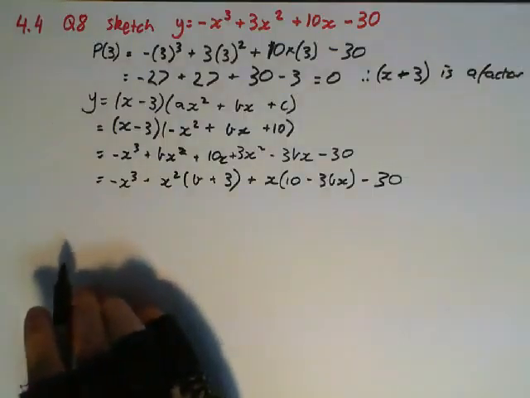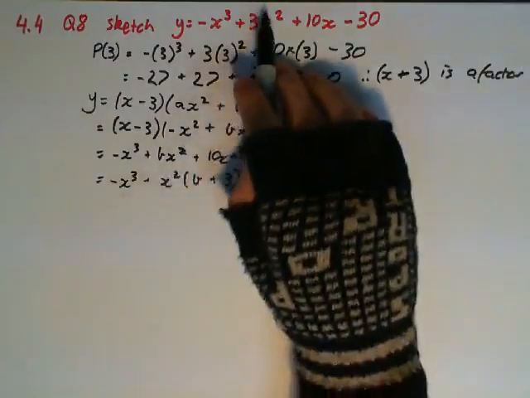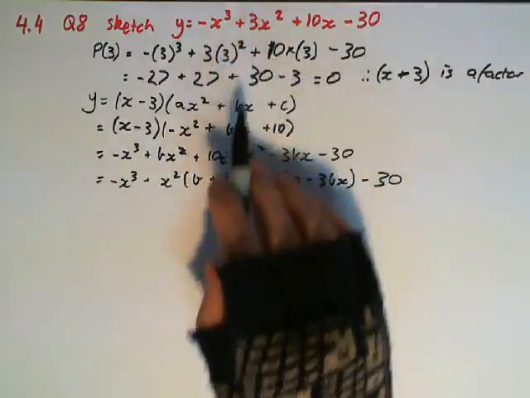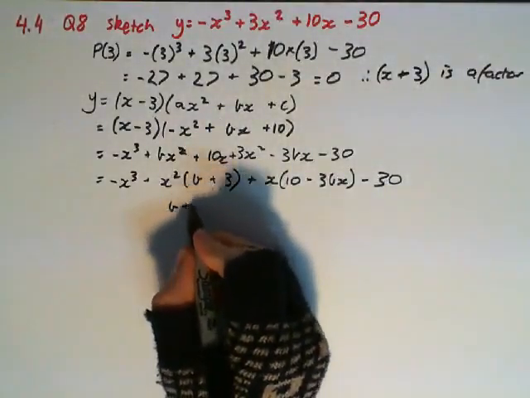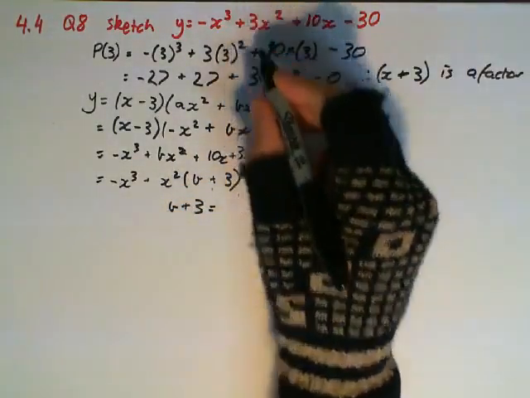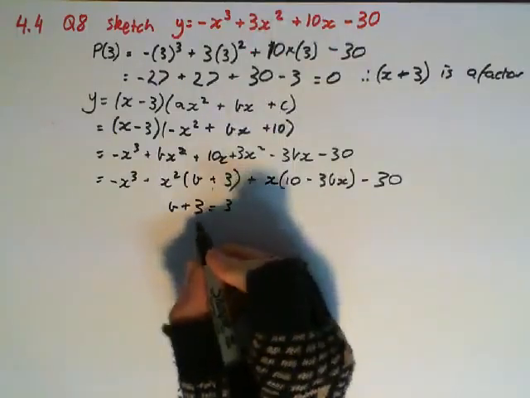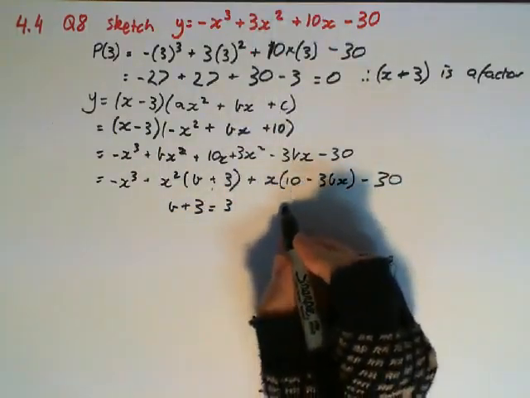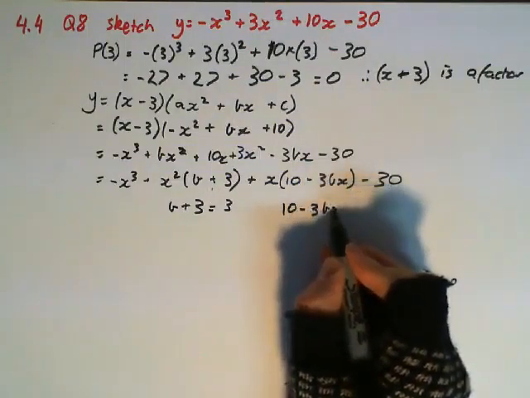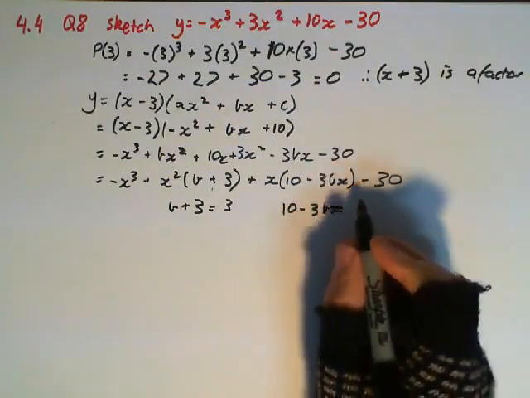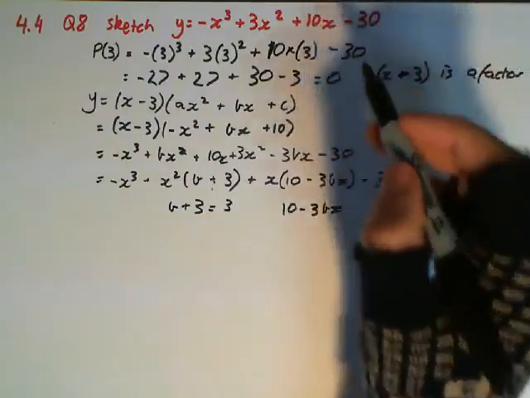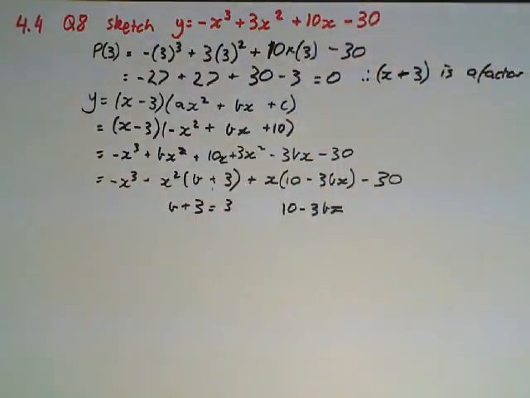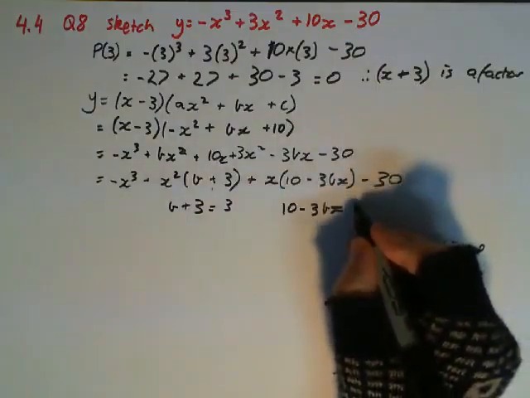So now we can equate coefficients. So our x squared term, we can say the coefficients are going to be the same. So b plus 3 has to be equal to positive 3. So also our x term should get the same answer. So 10 take 3b has to be equal to the coefficient in front of the x term, which is 10.